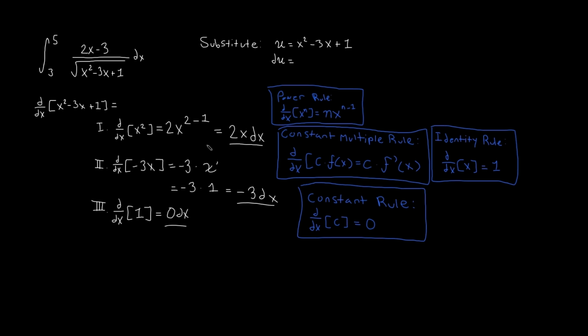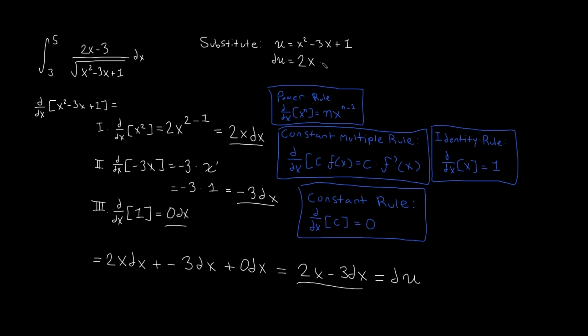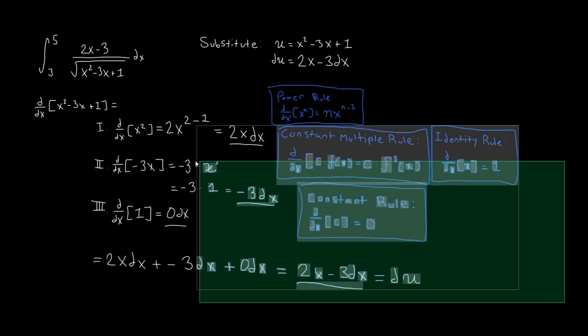Now what we're going to do is add up the derivatives for terms 1, 2, and 3. We'll find that if we add up all of the terms together, we're going to get 2x minus 3 dx. This is going to be our du, so I'll write this up here. Now what I'll do is I'm going to clean this up.